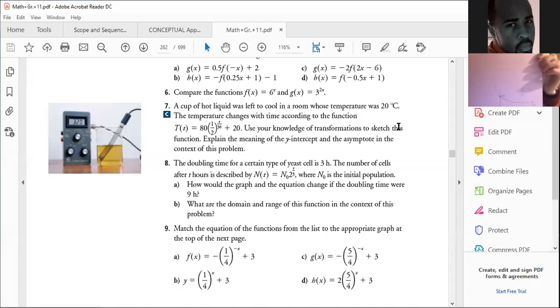Mm-hmm. Okay. The direction is quite fine. Everything else is all right. Just to note, Sophie, when you're doing graphs like these, always draw the parent graph first, and then transform it. That's the strategy. You might find a way around it, but for consistency in this lesson, draw the parent function first, and then apply the transformation. Cool. All right, next one.